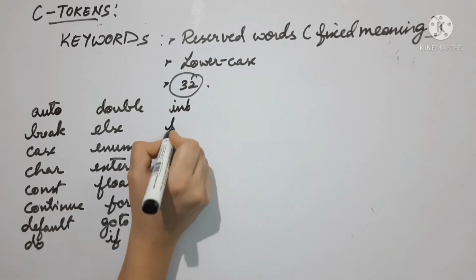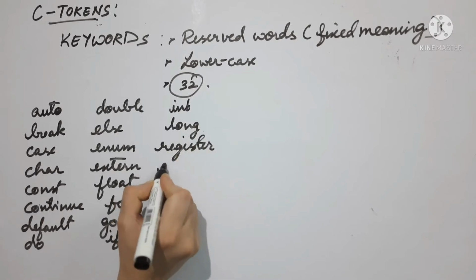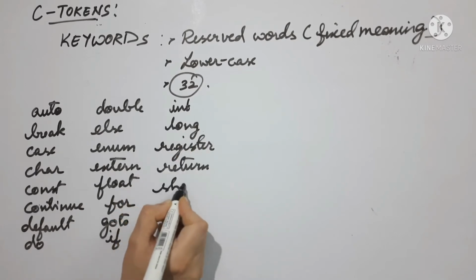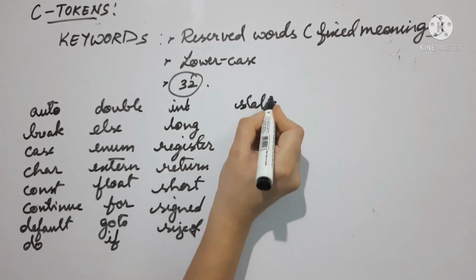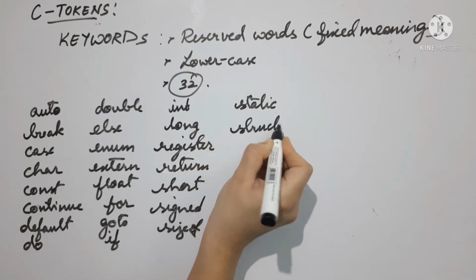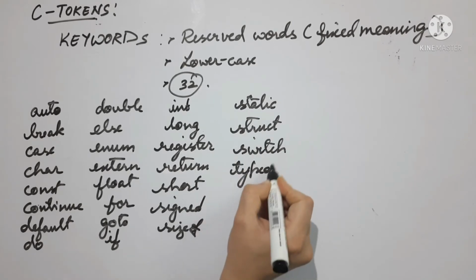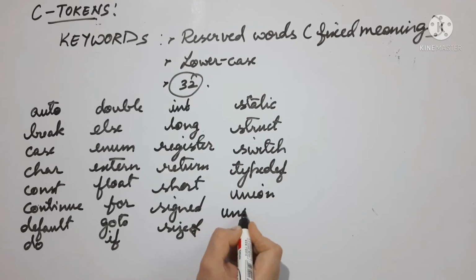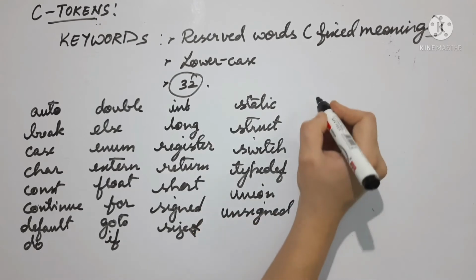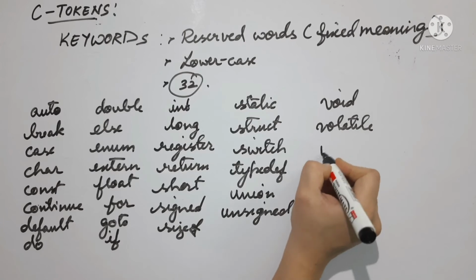int for integer, long, register, return, short, signed, sizeof, static, struct, switch, typedef, this is for type definition, union, unsigned, void, volatile, while.